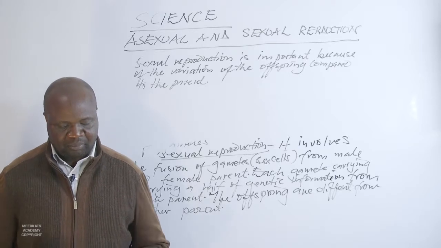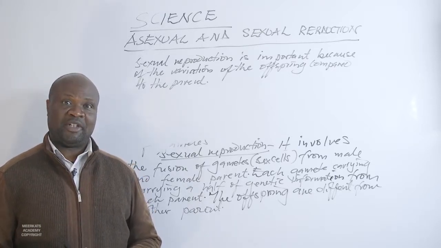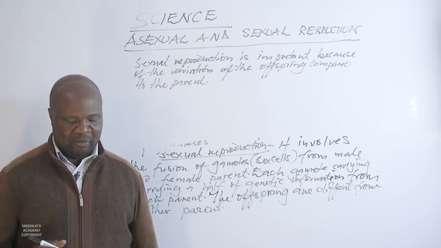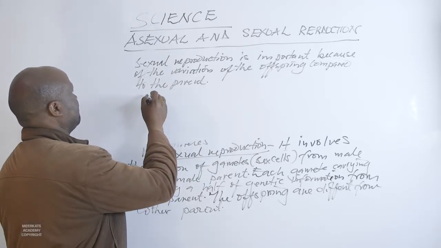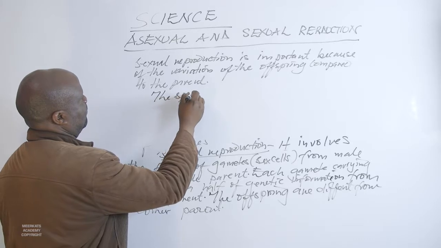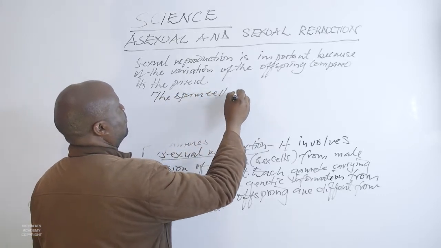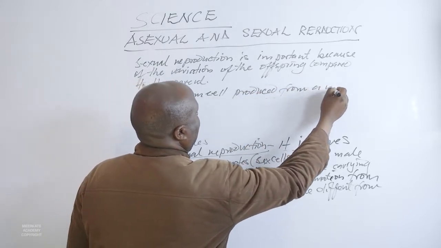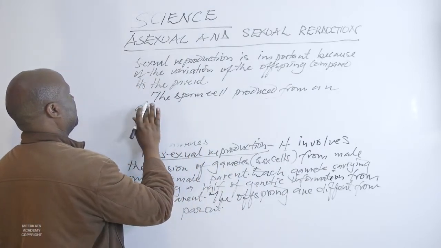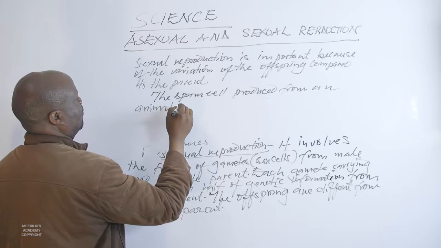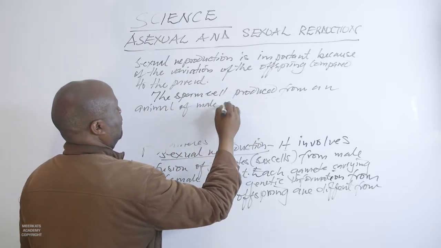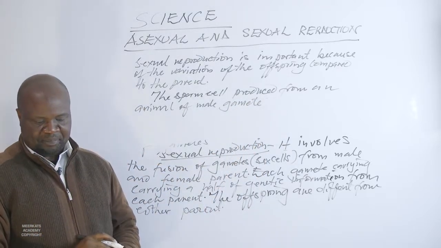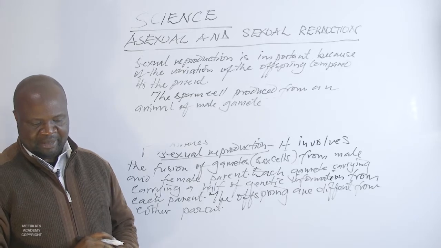Then another important fact about sexual and asexual reproduction is the sperm cell produced in the testes of an animal, the male gamete. We are saying a sperm cell is produced from an animal, a male gamete, that is a sex cell.